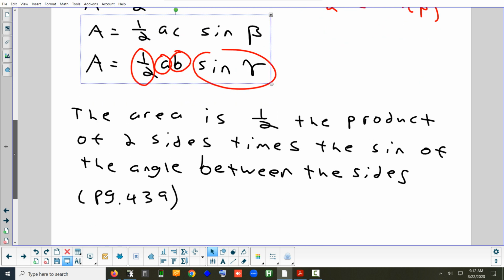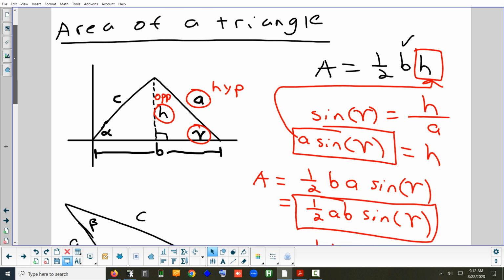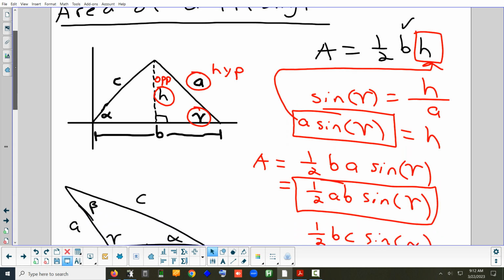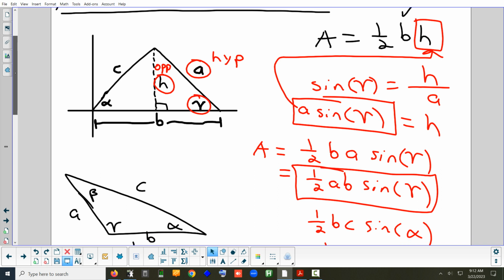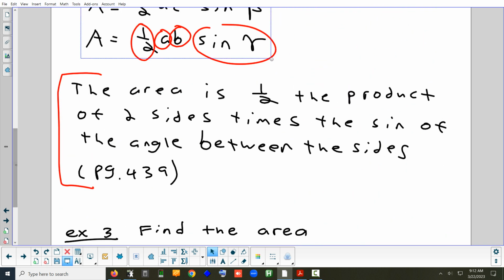The important part is the idea of the formula, not the actual letters that are in it. How do you know when to implement this then? Well, if I ask you to find the area of a triangle, right now that's the only formula that I've taught you, so you have to use that formula: 1/2 the product of the two sides times the sine of the angle between them.